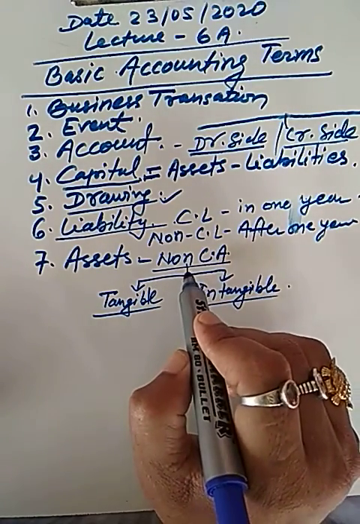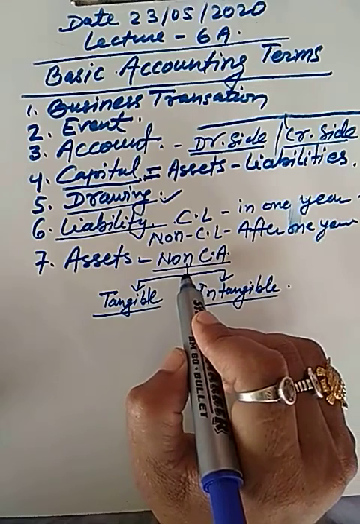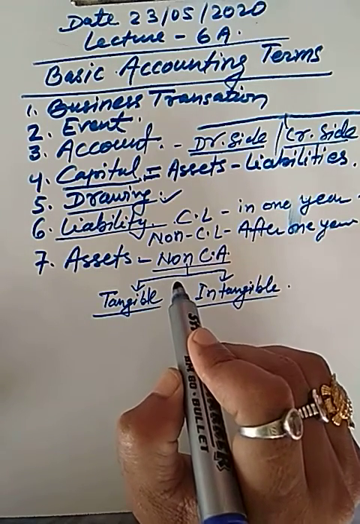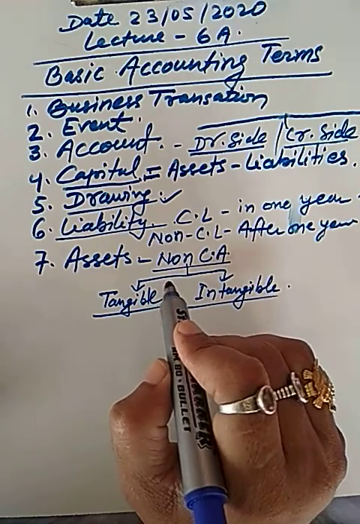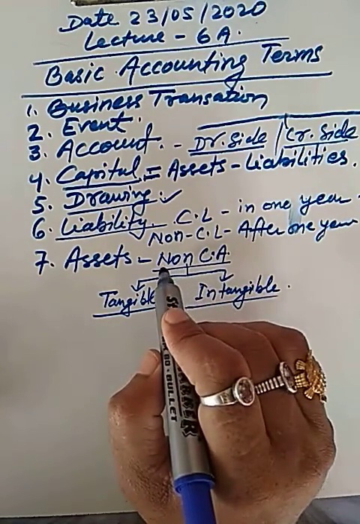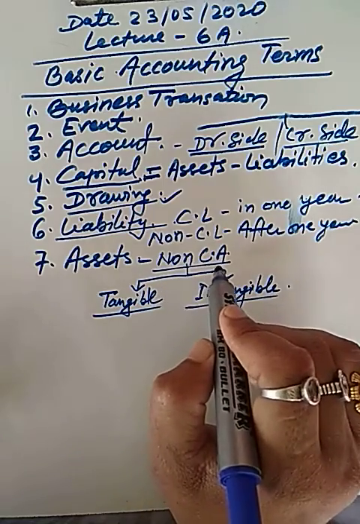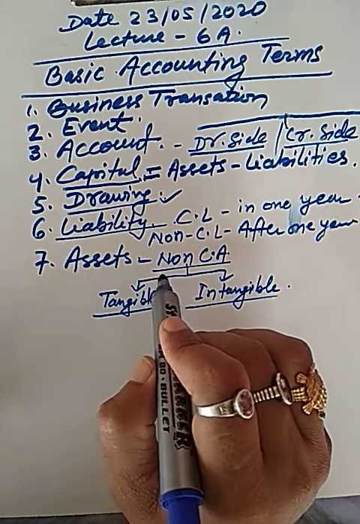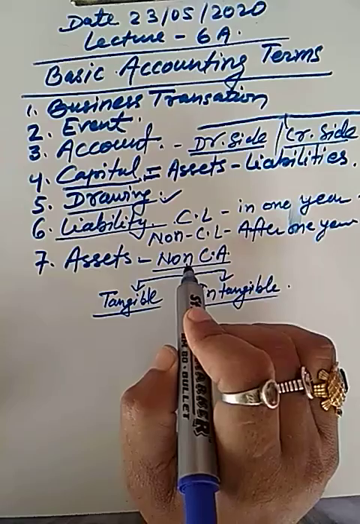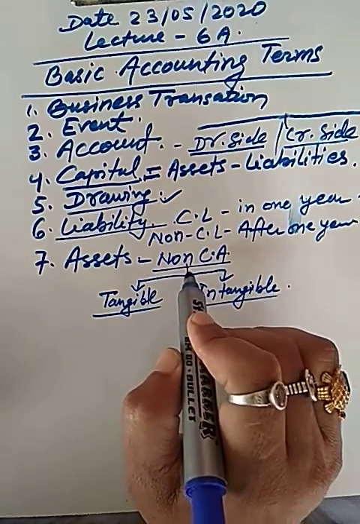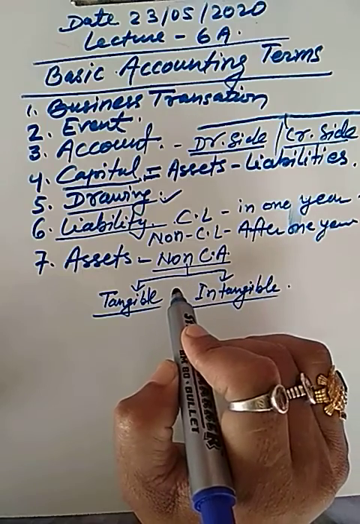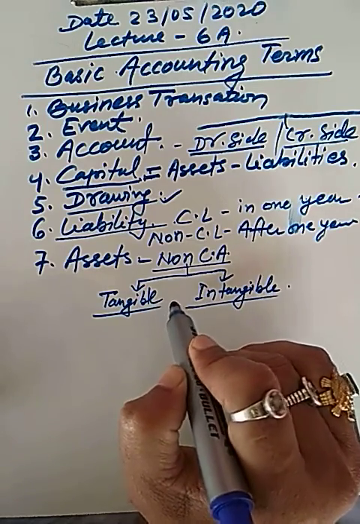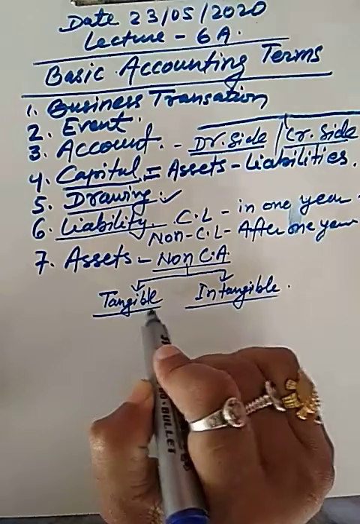For example, land and building, plant and machinery, computer, motor vehicle, furniture, etc. are the best examples of non-current assets which are not sold in business, which support earning profit and smoothly running the business. There are two types of non-current assets.